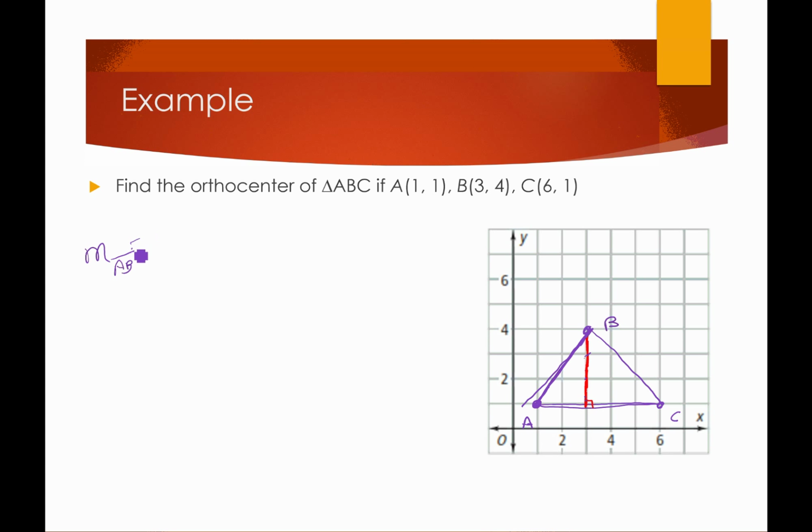So it's positive 3/2. That would mean that the slope of my perpendicular to that is going to be negative 2/3 because they're opposite reciprocals. So if I start at C and I go up 2 and over 3, I'm going to have a point here.